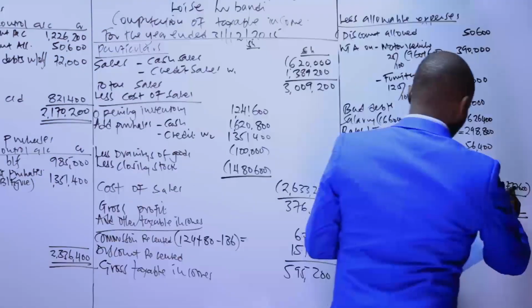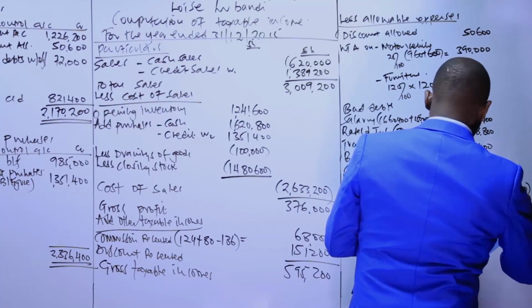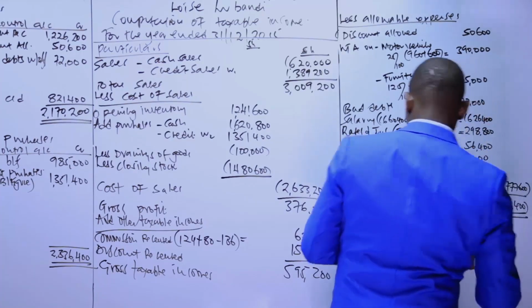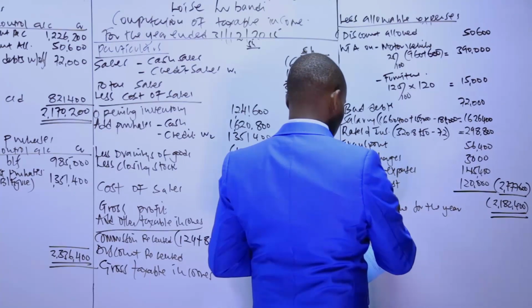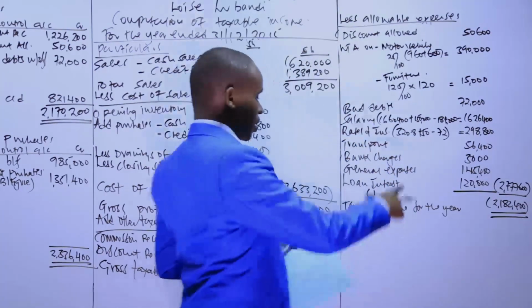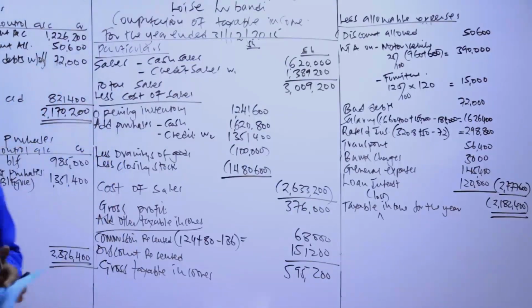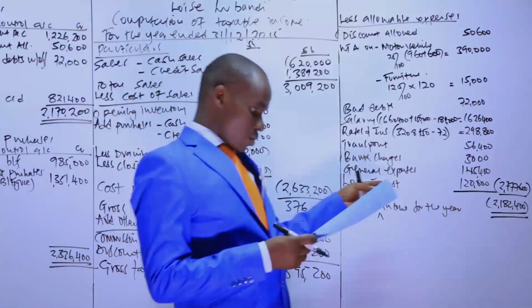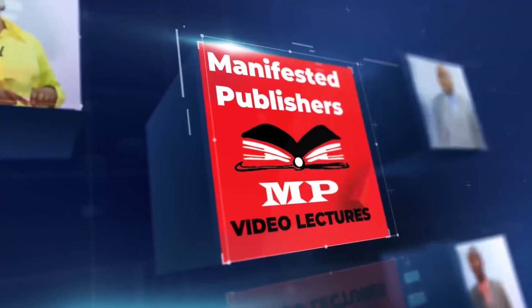You get a loss of 2,182,400. This is a taxable loss. For the loss, we put it in bracket. And therefore, that constitutes the taxable loss for the period. That's how we address those 10 marks.